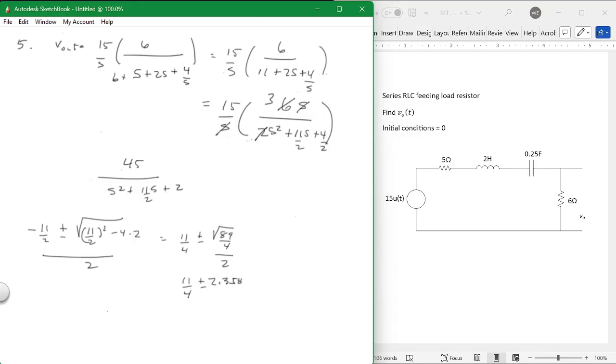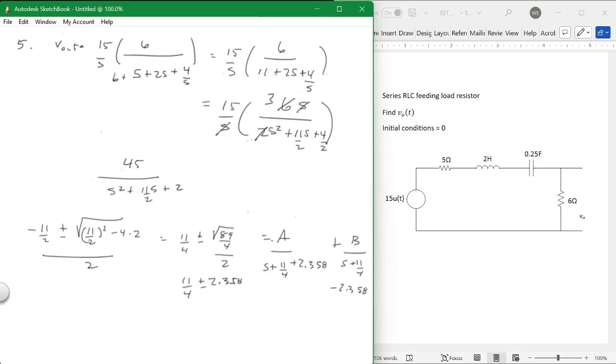So your answer now is equal to A over S plus 11 over 4 plus 2.358, plus B over S plus 11 over 4 minus 2.358. And that is equal to 45.